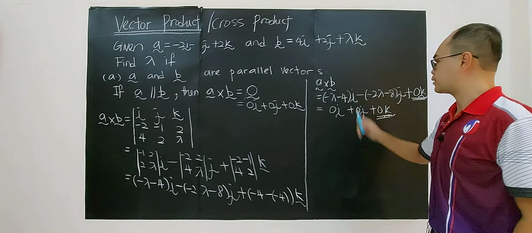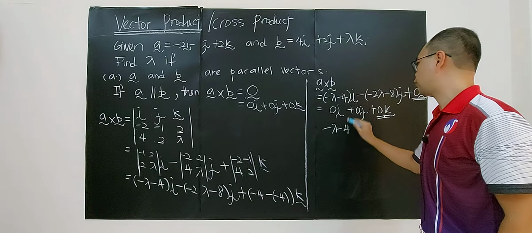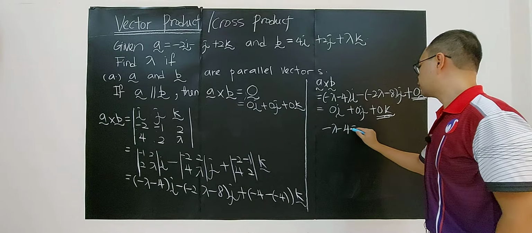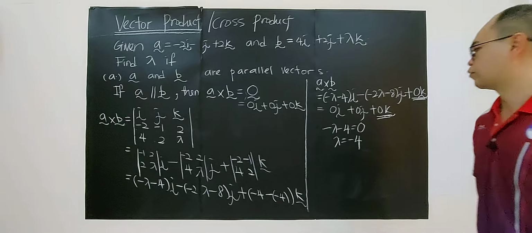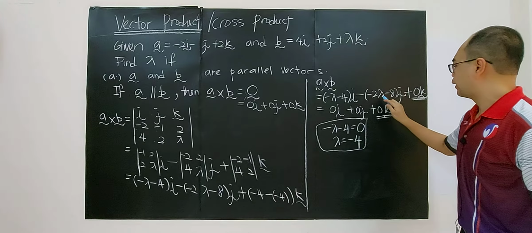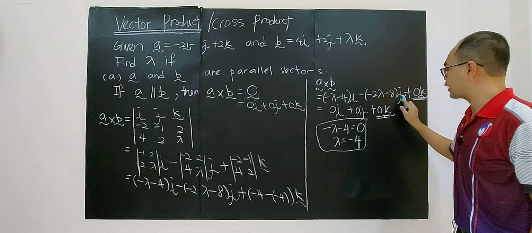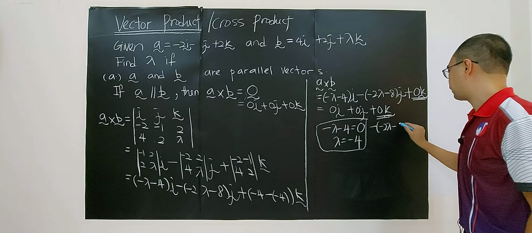Let's look at vector i. I compare negative lambda minus 4, and the value here has to be 0, so I get lambda equals negative 4. It's the same if you compare the coefficient for vector j, which is negative 2 lambda minus 8.